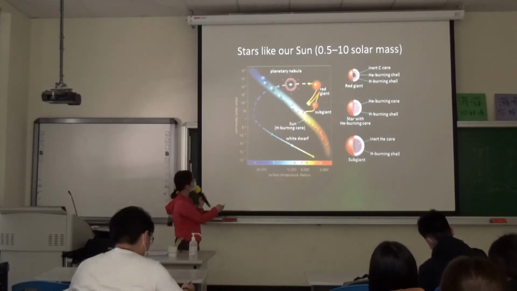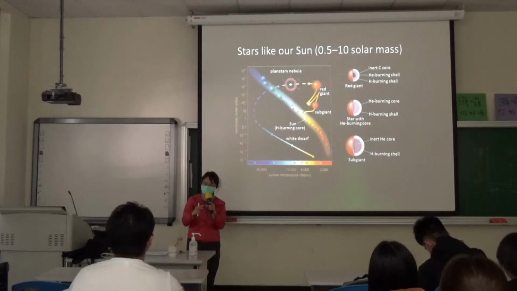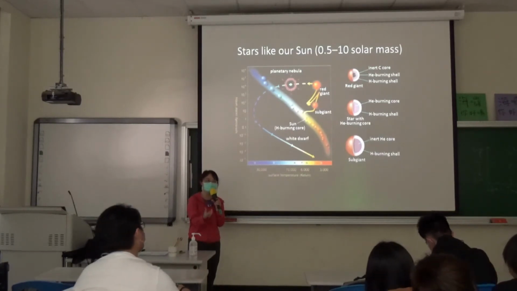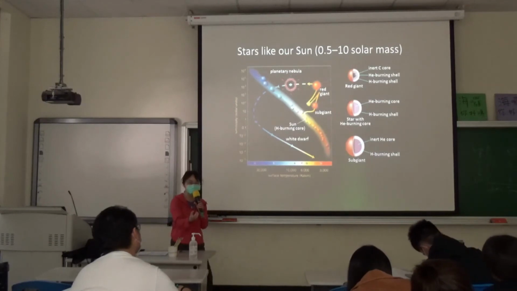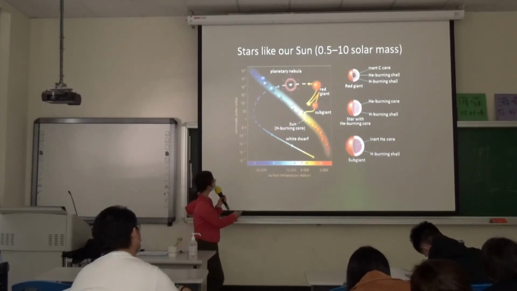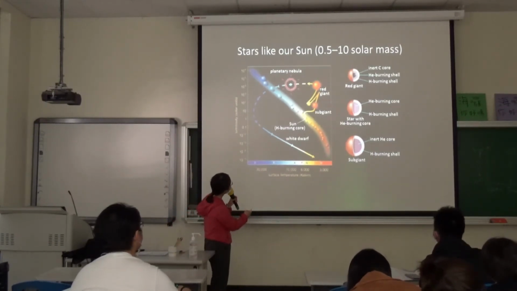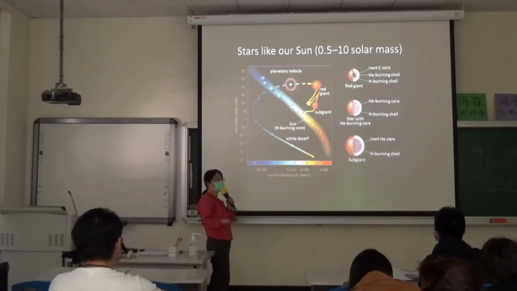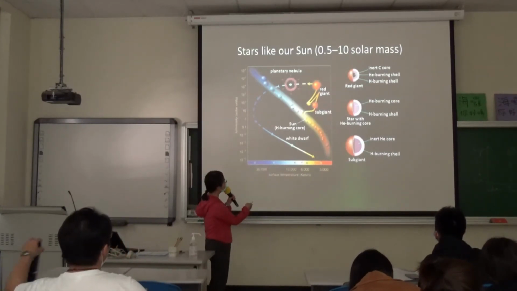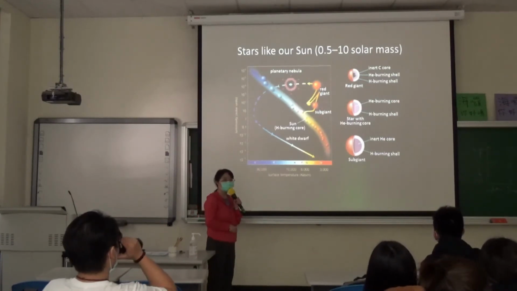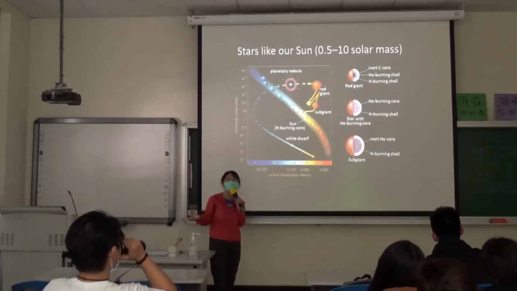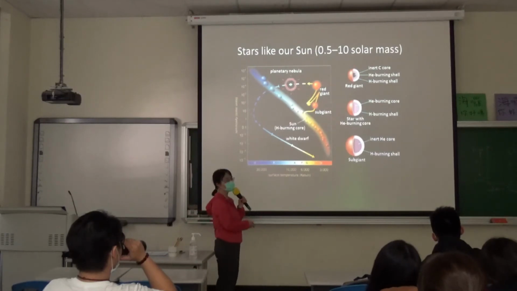That is so-called core burning: the nuclear fusion reaction takes place in the core of the star. Later, at some point, it will turn into a subgiant and then a giant. Why does it turn into a giant when it's older?